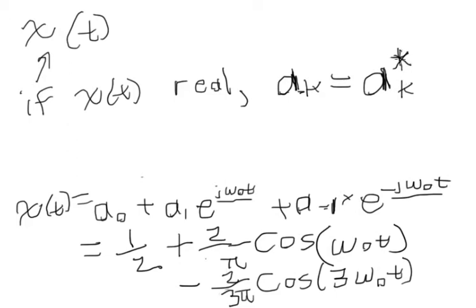Again, this only holds in general if x of t is real valued. But what this means is that your Fourier series coefficients, minus 3 versus 3 or minus 5 versus 5, have the same magnitude, but the phase is different by a sign flip. And if you think about Euler's formula, that makes sense.